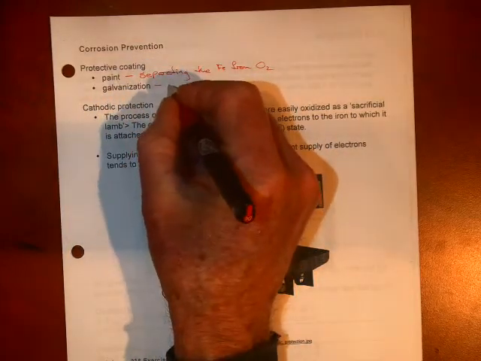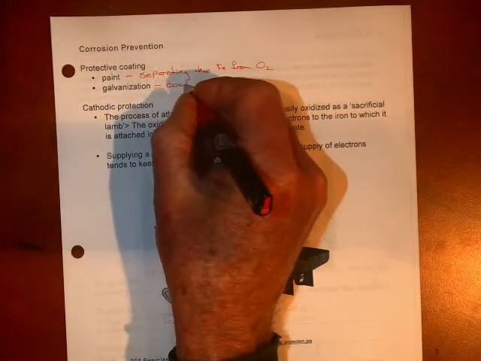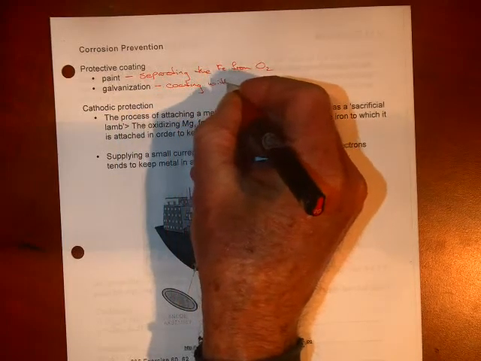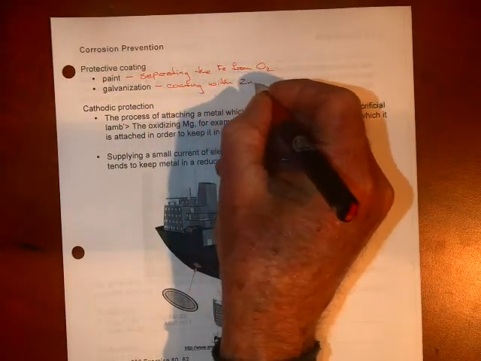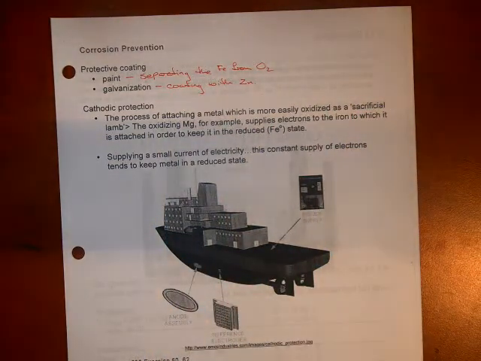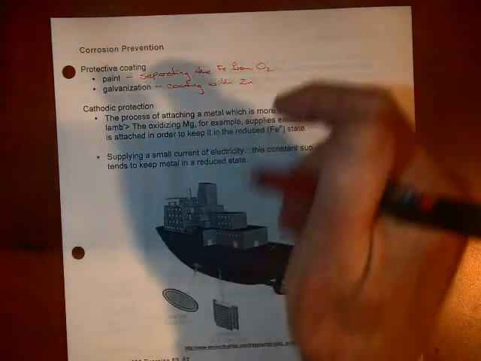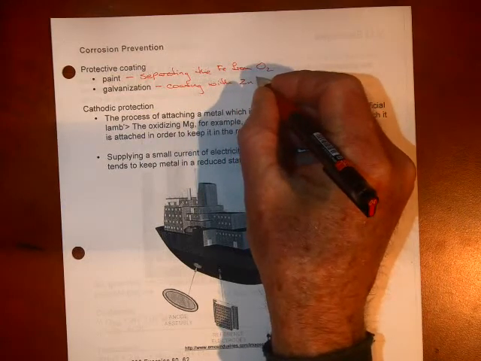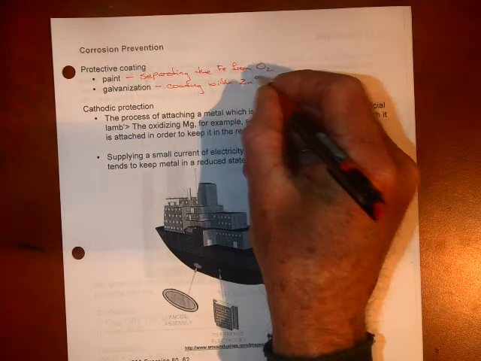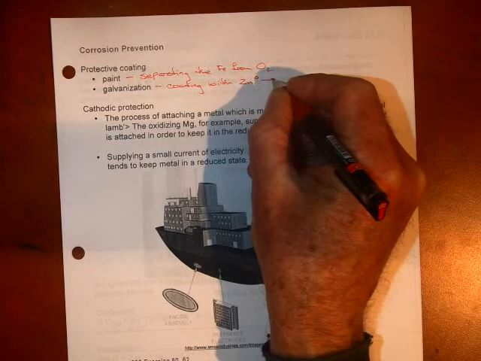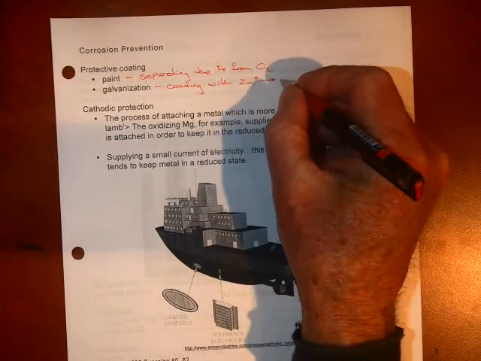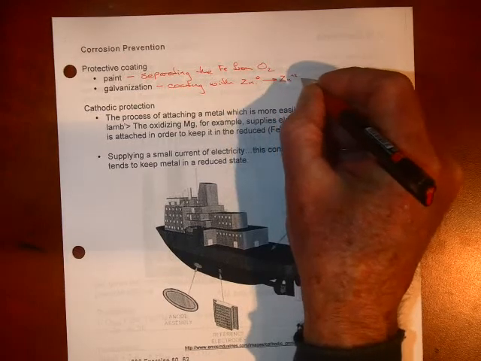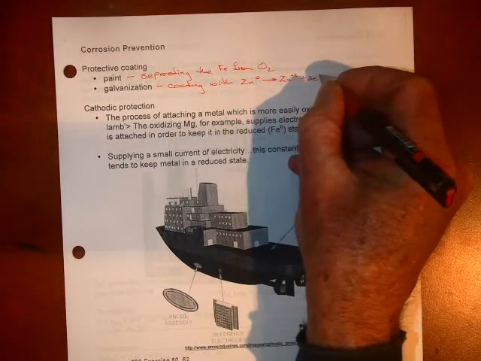Galvanization just means a coating with zinc. Now, what zinc does is zinc will oxidize to Zn+2 and give up its 2 electrons.